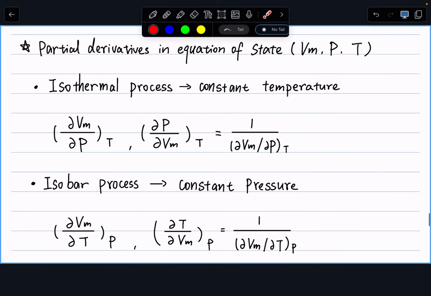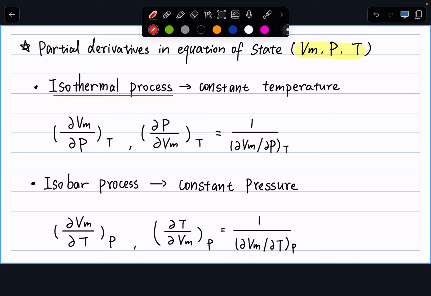When we talk about partial derivatives, again, we have 3 variables. Thinking about those 3 variables, first of all, we can have 3 pairs of partial derivatives, meaning we keep one variable constant, and then we write that pair of partial derivatives. In this case, for example, we have an isothermal process.